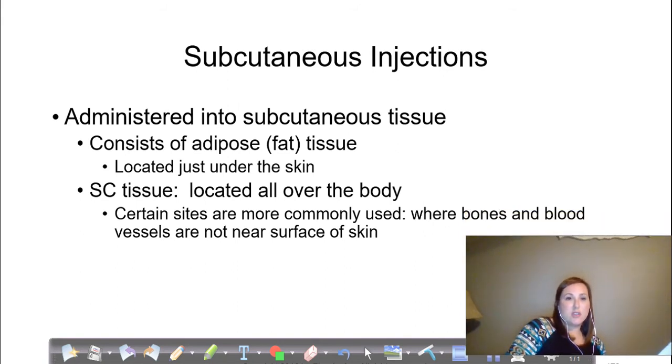Subcutaneous injections consist of injections that are injected into the adipose tissue or fatty tissue located just under the skin. We have subcutaneous tissue all over our body, but there are certain sites that are more commonly used, usually where bones and blood vessels aren't near the surface of our skin.